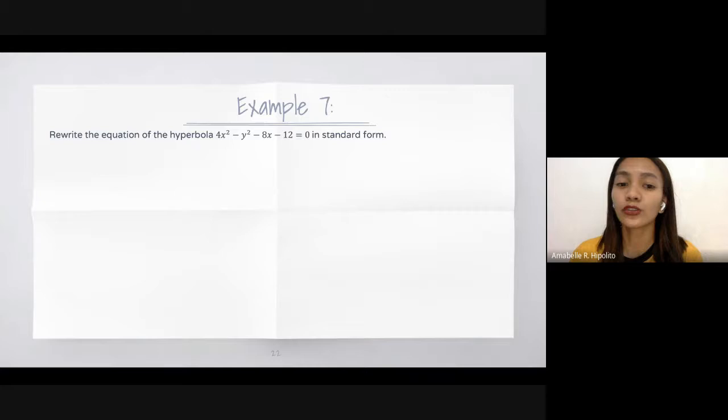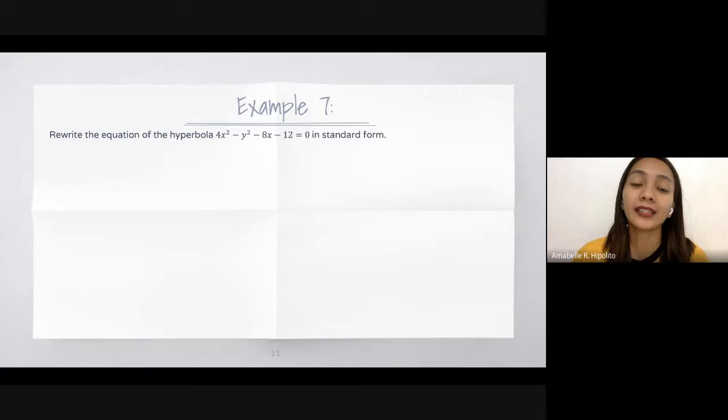There is only one method in rewriting from general form to standard form. That method is by completing the square. Okay po, by completing the square only. So yan lang yung solution or method in rewriting from general form of the equation to standard form.